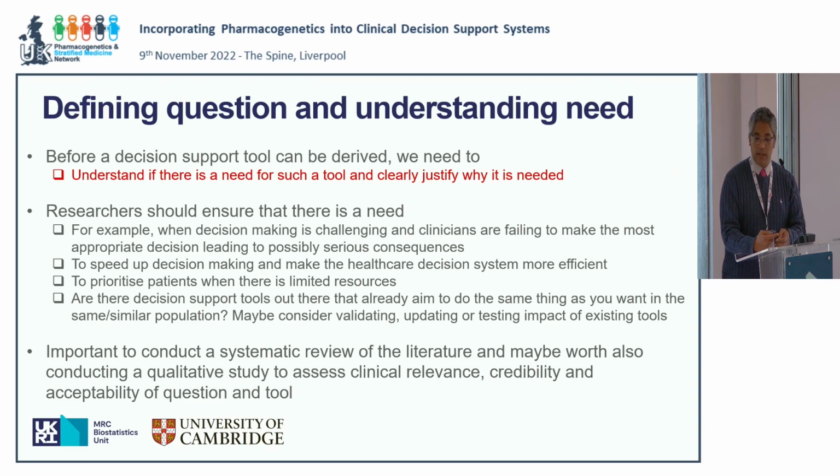You might consider developing a decision support tool to speed up the decision-making process and make the healthcare system more efficient. You might also use a decision support tool to prioritize patients when there are limited resources.